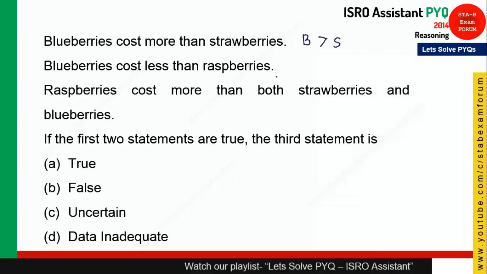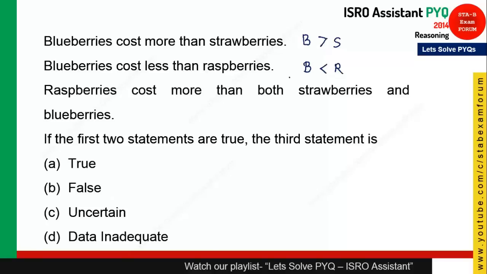Blueberries cost less than raspberries. Raspberries cost more than both strawberries and blueberries. The question says, if the first two statements are true, the third statement is what? Is it true, false, uncertain, or data inadequate?